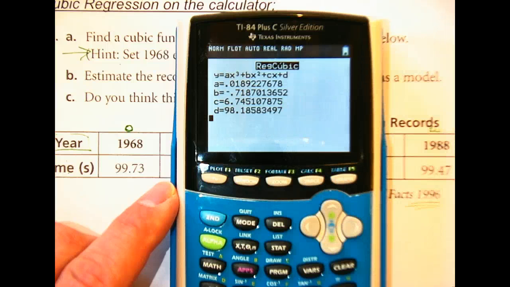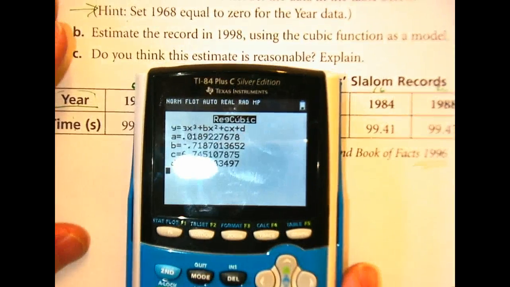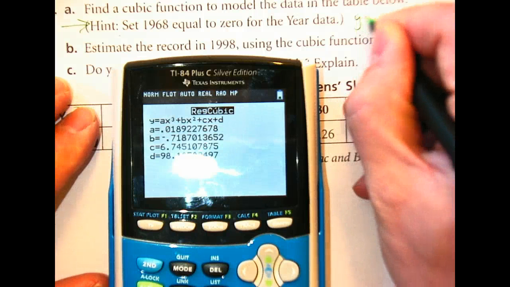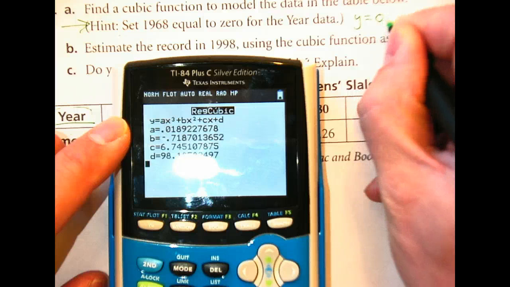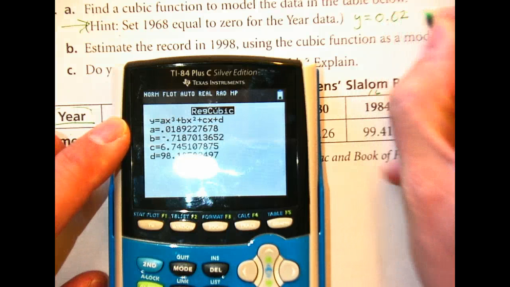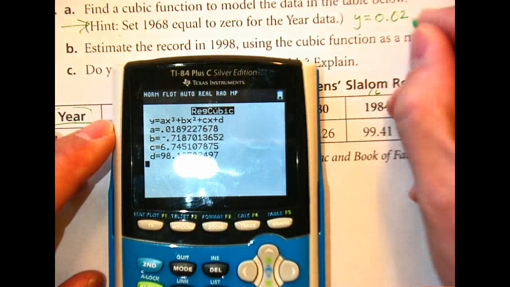Okay, did anyone else get this? Yes. Okay. So it says a function to model that. Well, we want to write out y equals, and let's go to the nearest hundredth on this. Y equals 0.02, if we're rounding to the nearest hundredth, x cubed.